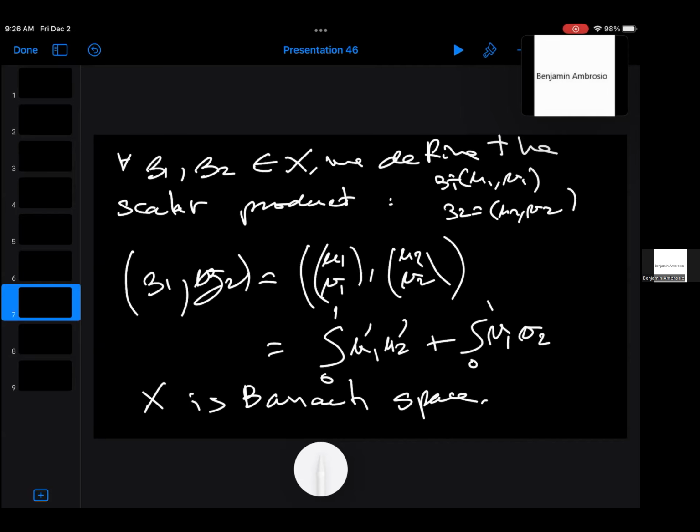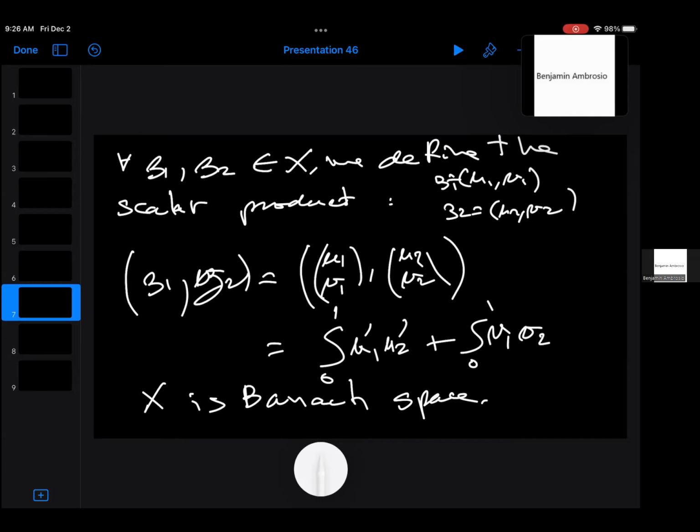Okay, so all right. So now, can you find an estimate for the operator norm of the resolvent operator?